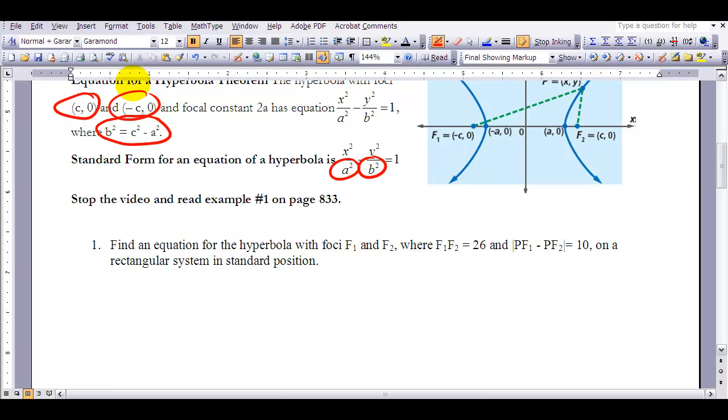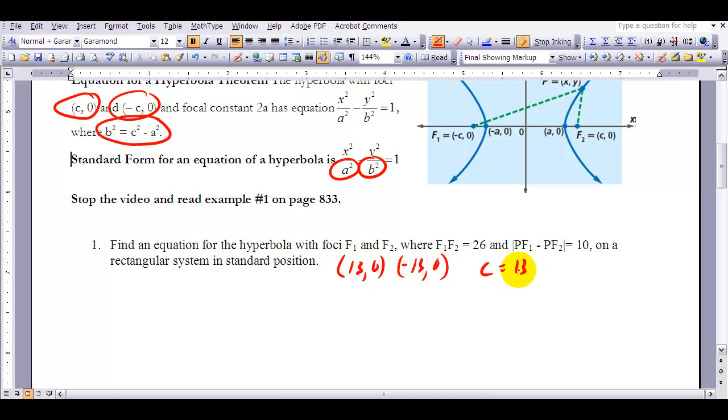Obviously, that would be (0, c) and (0, negative c) if it's on the y-axis. So if the distance between those two is 26, and we're in standard position, that means the center is at (0, 0). I have to go 13 units to the left on the x-axis and 13 units to the right. So my two focus points are at (13, 0) and (negative 13, 0), and my C value is 13.